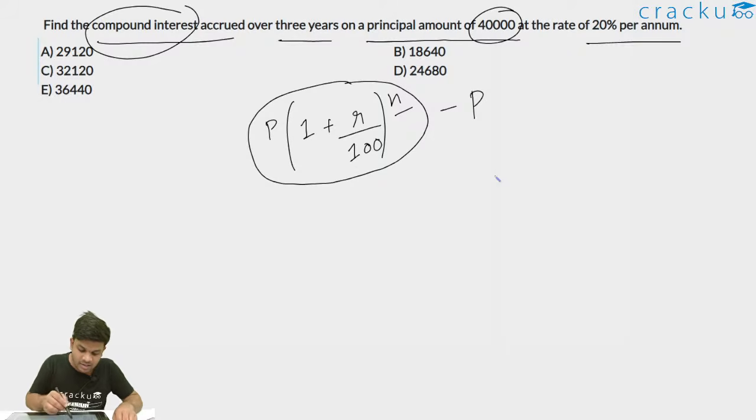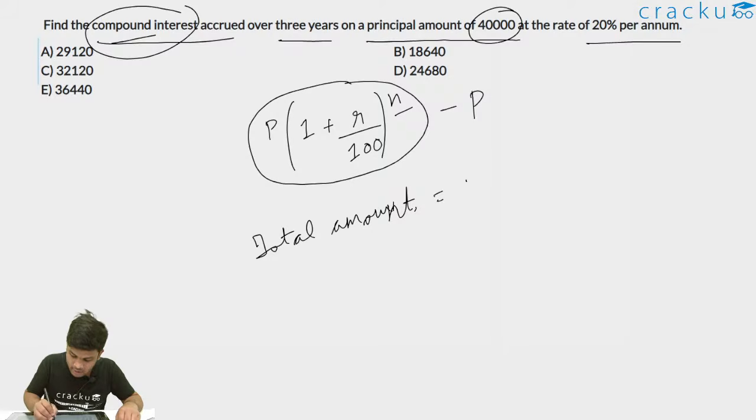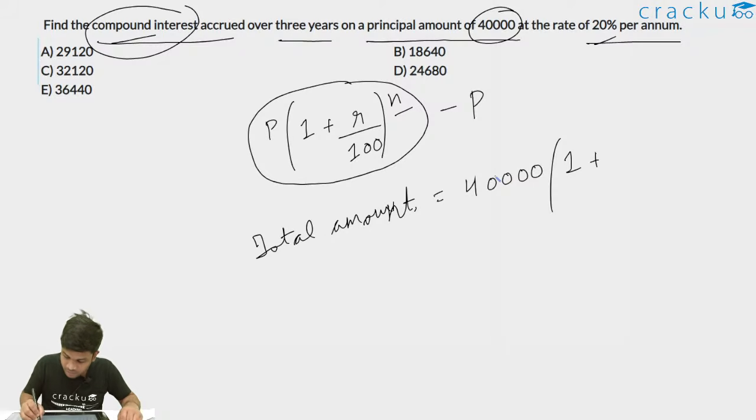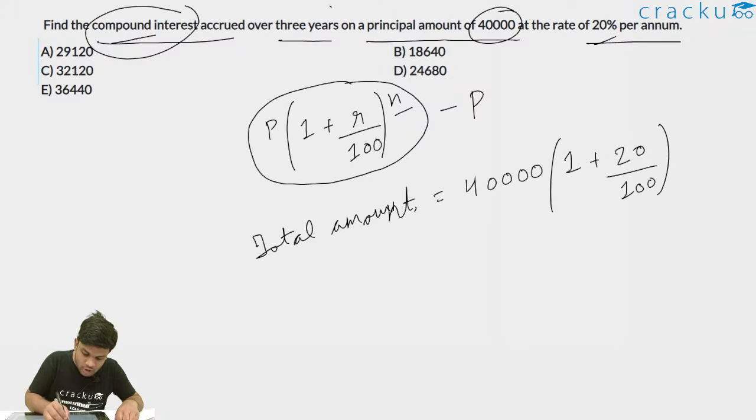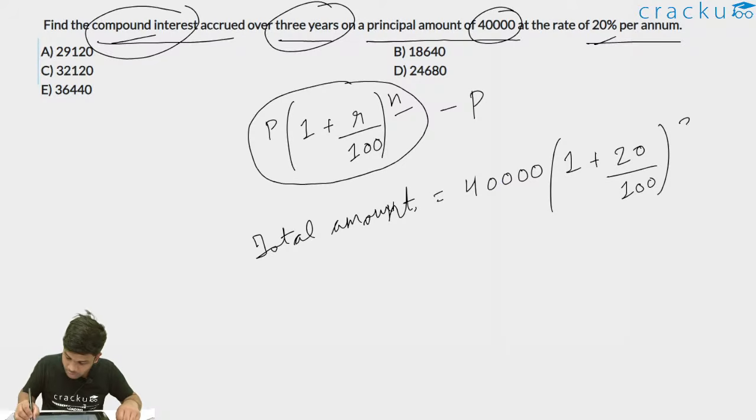So in this question, the total amount will be 40,000 into (1 plus 20 by 100) to the power 3, since the principal is 40,000, the rate is given as 20% and n is 3 years. This is the total amount that a man will get after 3 years.